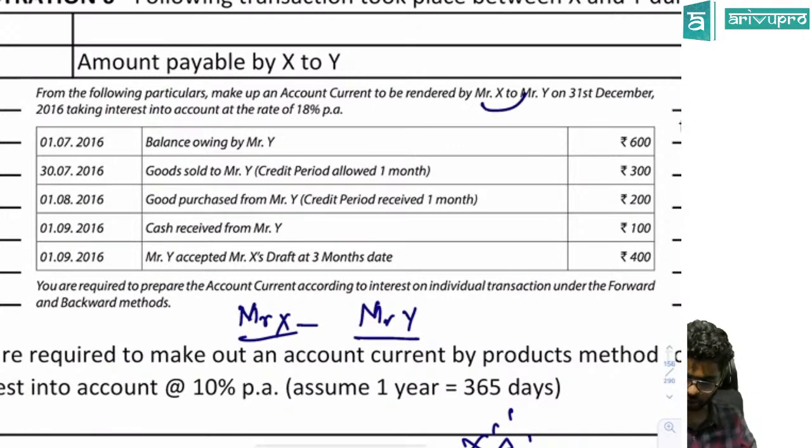Mr. X should be presenting it to Mr. Y. Sorry, my mistake. Mr. X has to render to Mr. Y. If Mr. Y has to pay the balance, is it a debit balance or a credit balance?